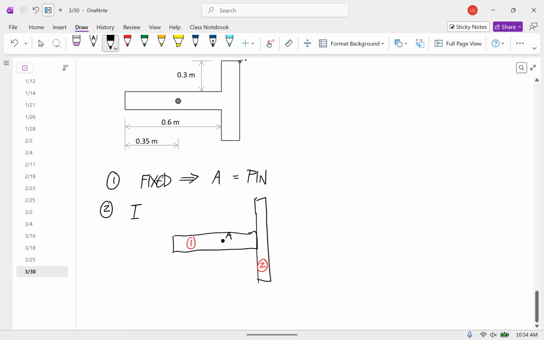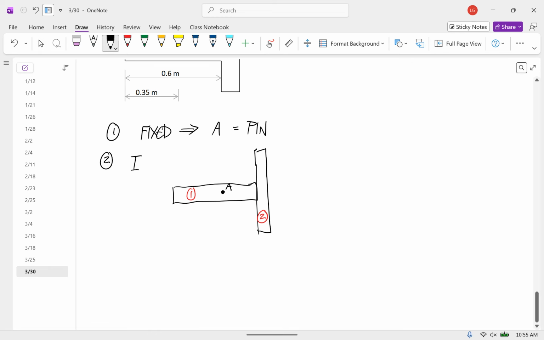So rectangle 1 has a volume of 0.6 times 0.05 times 0.1. So that's 0.003.